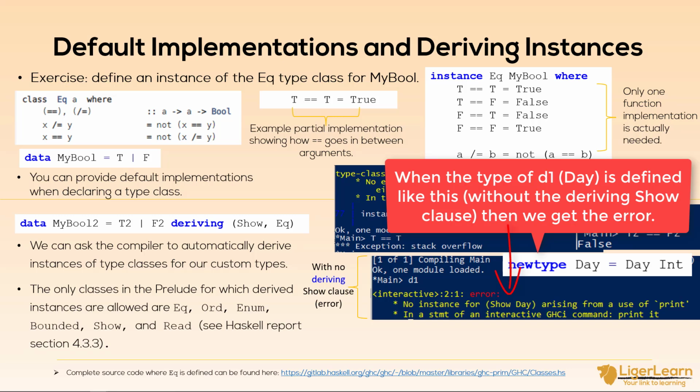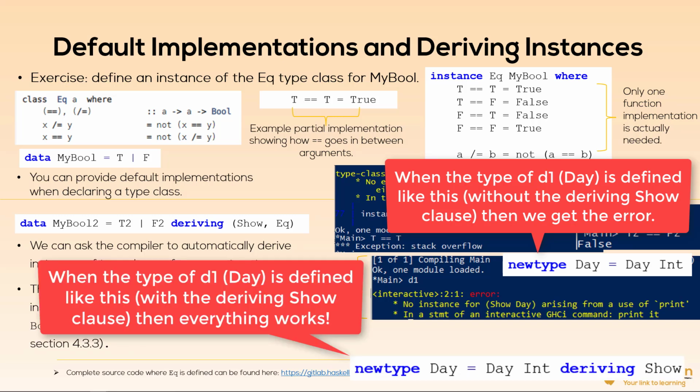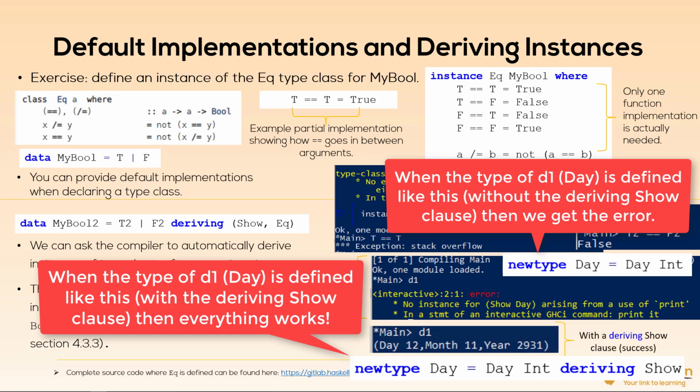The error message says, no instance for show day, meaning the type day does not define an instance for show. The way we fixed this issue was by adding the deriving show clause to the type declaration for the day type. Then everything worked.